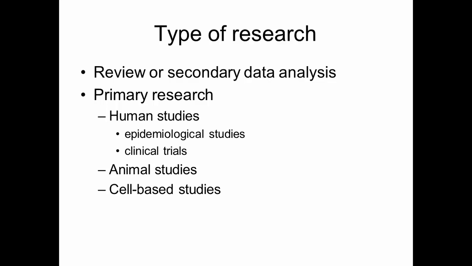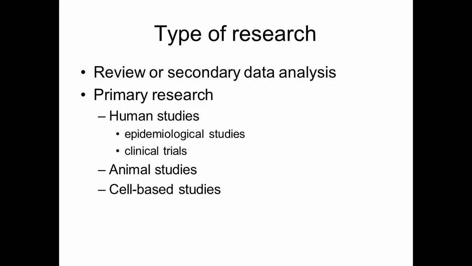The other type of research is called primary research. Primary research, I think Megan described very clearly, is just people who do the initial experiment and make a conclusion. So they do the experiment, write the paper, and make a conclusion based on that specific experiment that they have done, right?